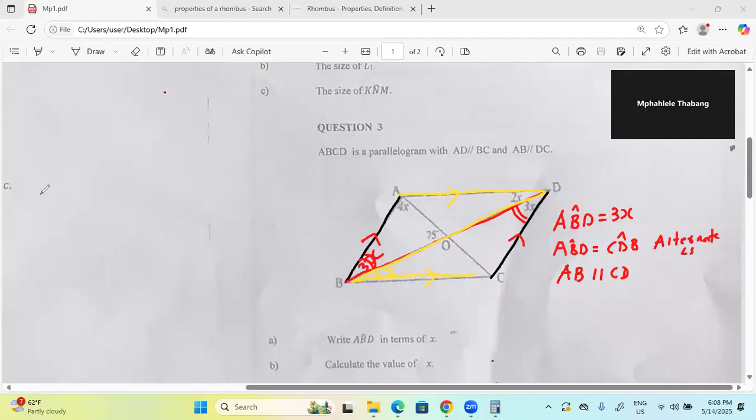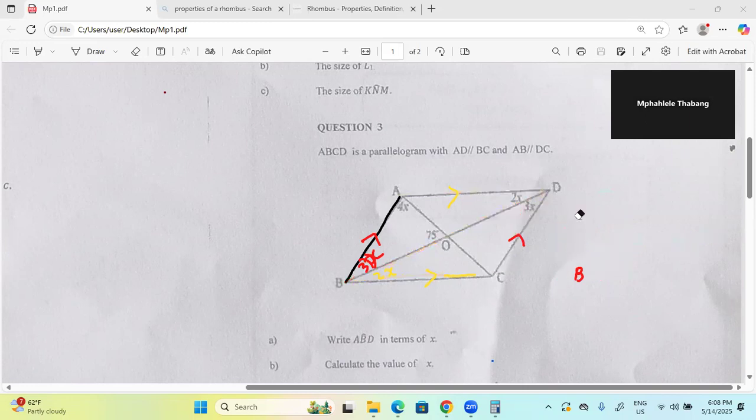Okay, calculate the value of x. They want me to find the magnitude of x, the size of the angle x. How do I do that? How do I find the size of x? He gave me this angle, which is 75. I want to find a simpler way of solving the problem.